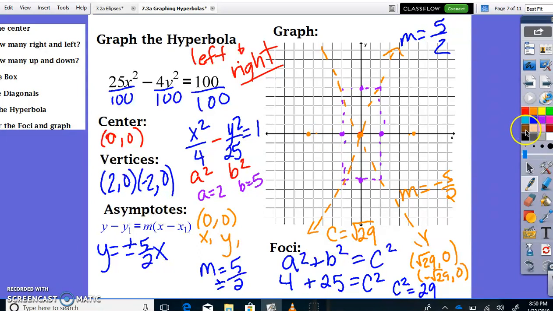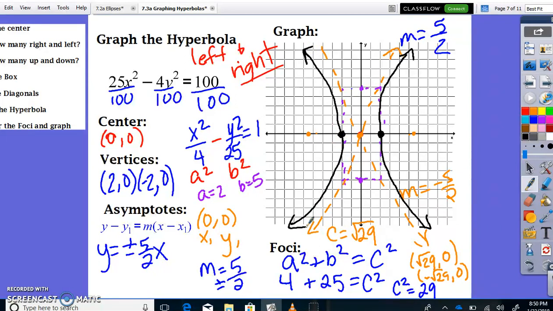So the focus is further away from my vertex, which means that the hyperbola is going to be wider, and look how wide it is. Remember, this is going to be my vertex point, and then I got to follow my asymptotes, and they're going to get really close to that asymptote but never cross. So go through the vertex point, get really close to that asymptote but never cross, and then opening left and right.